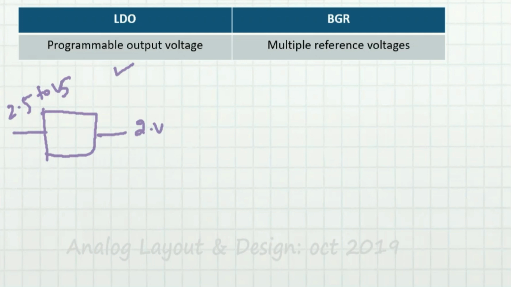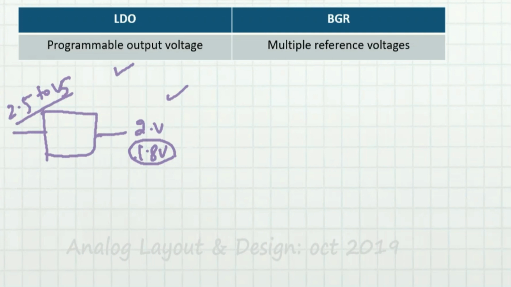But I will have the option to program it. If I don't want 2 volt and I want 1.8 volt, I can set the output voltage to 1.8 volt. While input voltage again varies from 2.5 to 5, output will be constant at 1.8. So that kind of facility also will be there, programmable output voltage. That's one option with LDO.